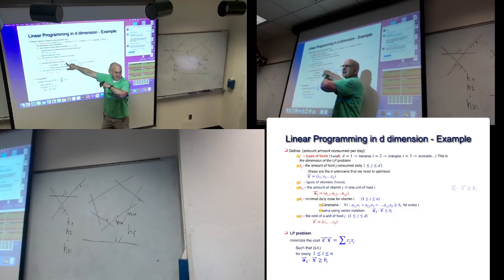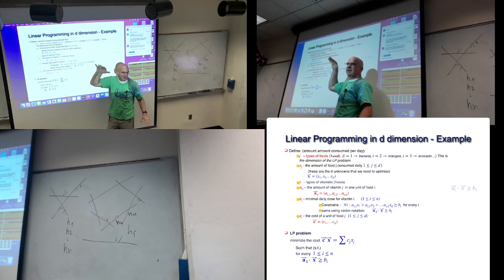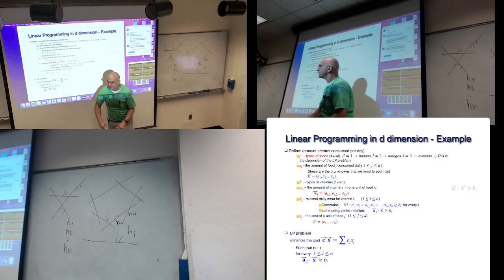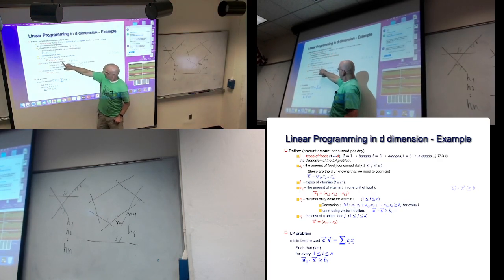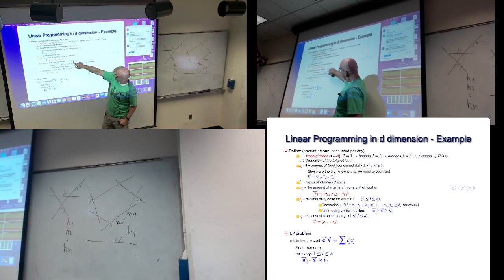It cannot make any sense unless you went through the example in 2 dimensions. Otherwise, I'm going way too fast. b_i is the daily minimum amount of units of vitamin i that you need to get.